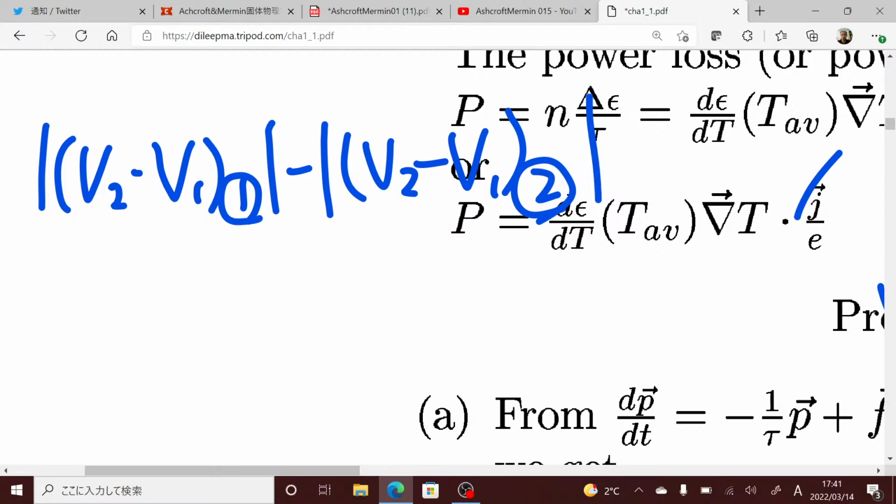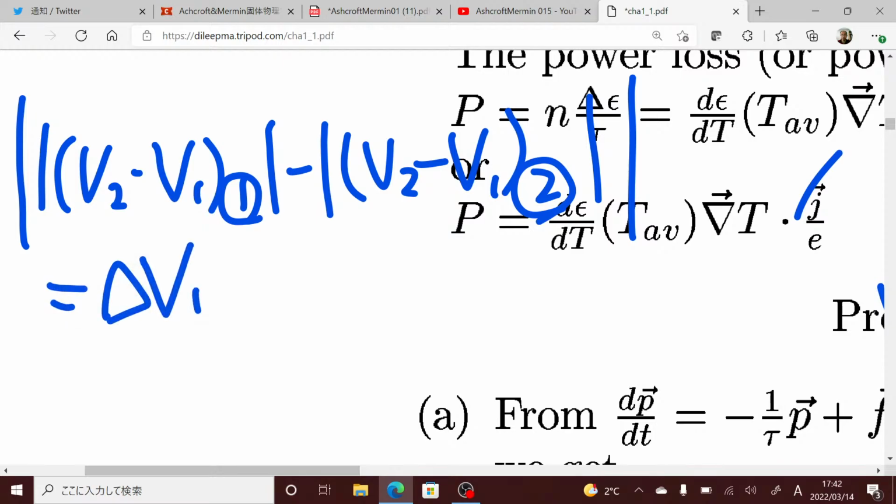This value is different. Then we take the absolute value again, and this value we can call delta V_12.